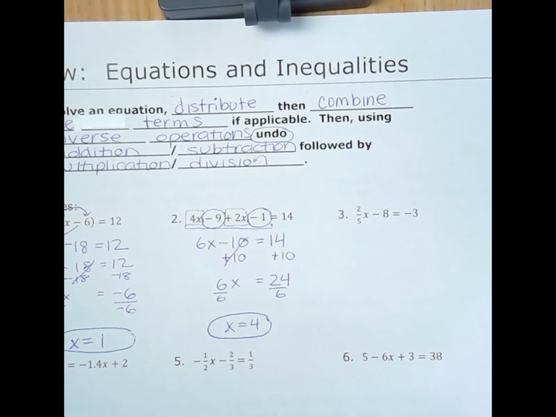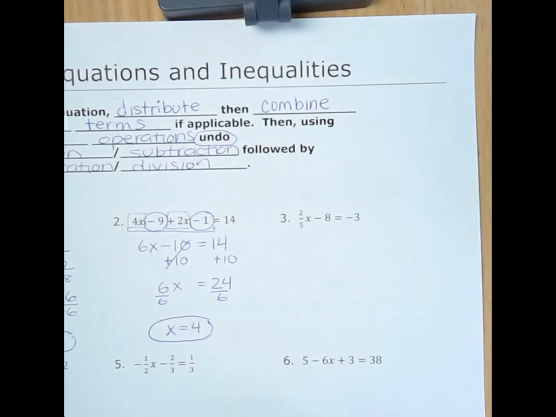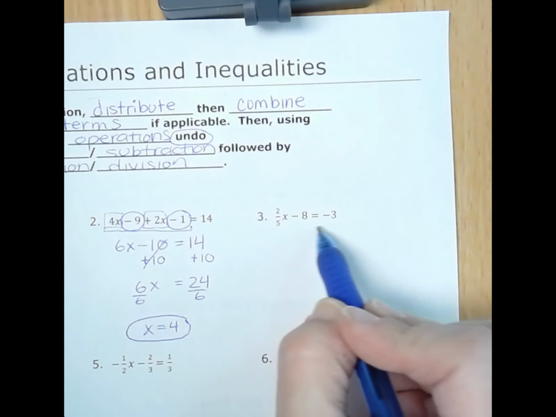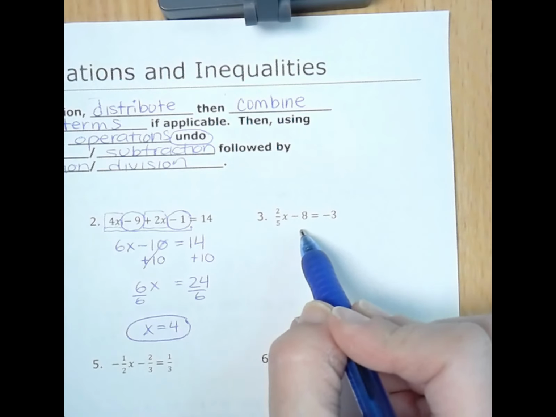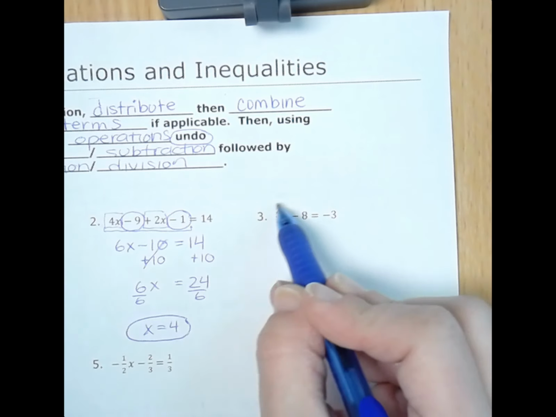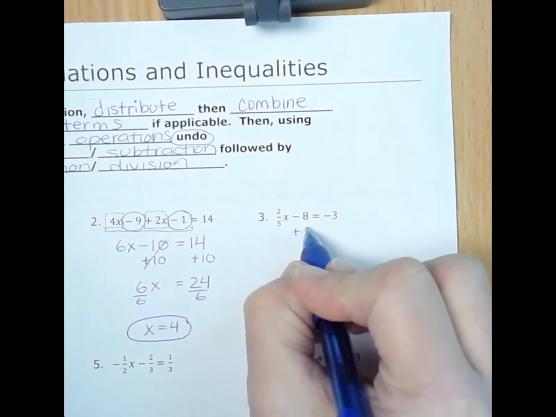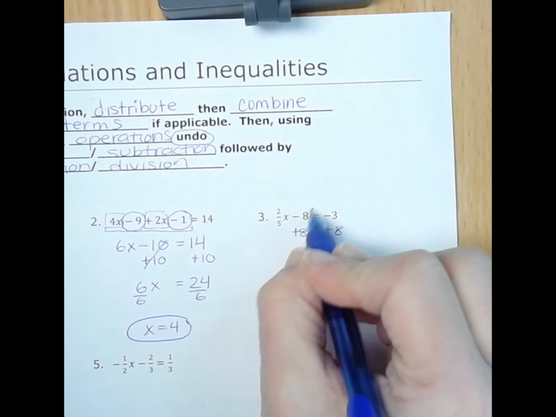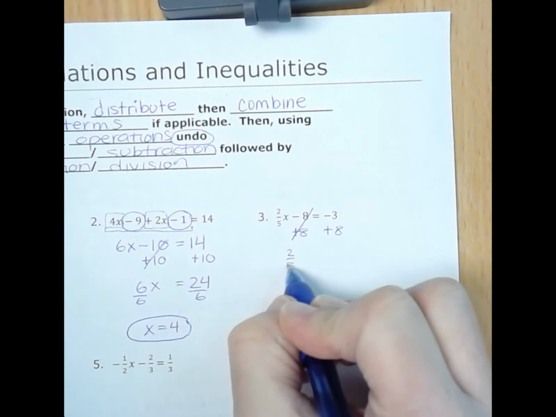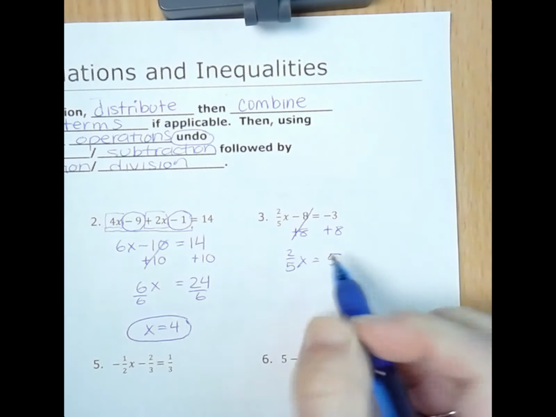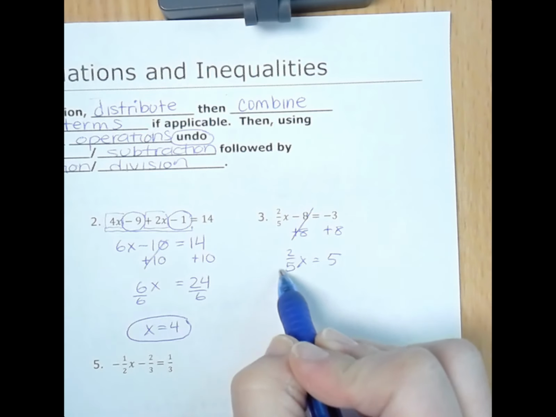Okay, let's look at one more with a fraction. This one is already simplified. We don't have to distribute, we don't have parentheses, we don't have any like terms that we need to combine, so we're just going to start right away with solving. Add 8 to both sides. And then this always gives people a little bit of trouble.